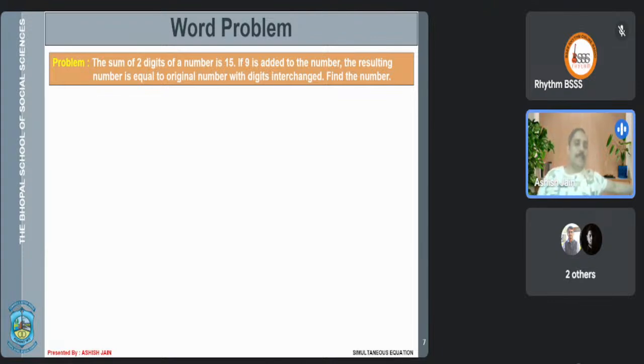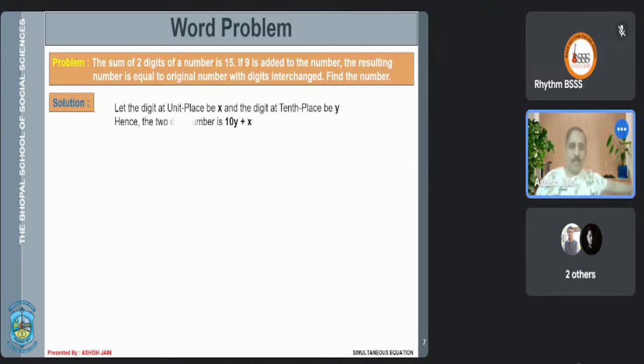Clear? The sum of two digits of a number is 15. If 9 is added to the number, the resulting number is equal to the original number with digits interchanged. So these are all different types of problems that might come. Something similar to these will come. Here, if it's a 2-digit number, we have to specify which digit is at units place and which digit is at tens place.